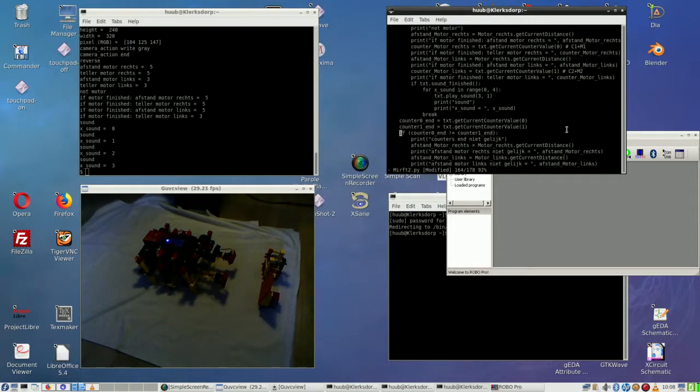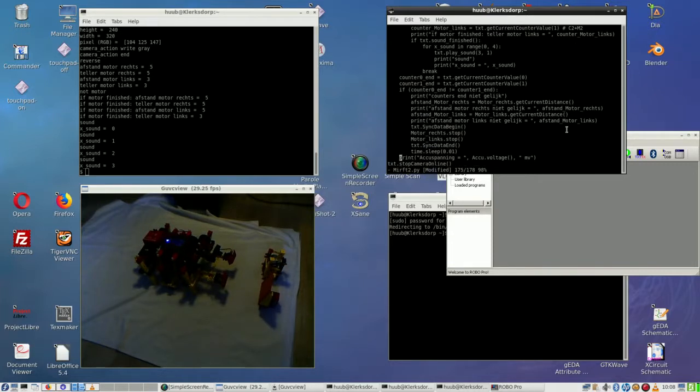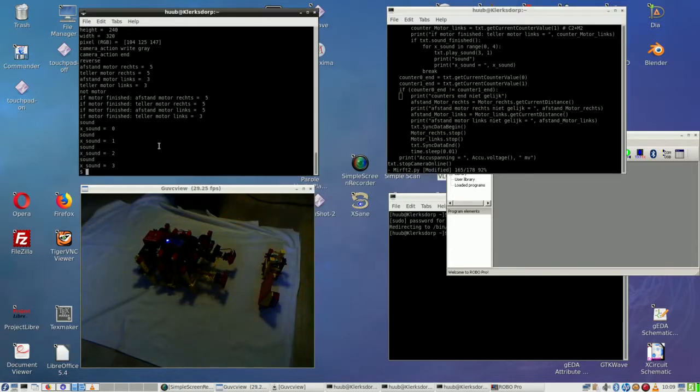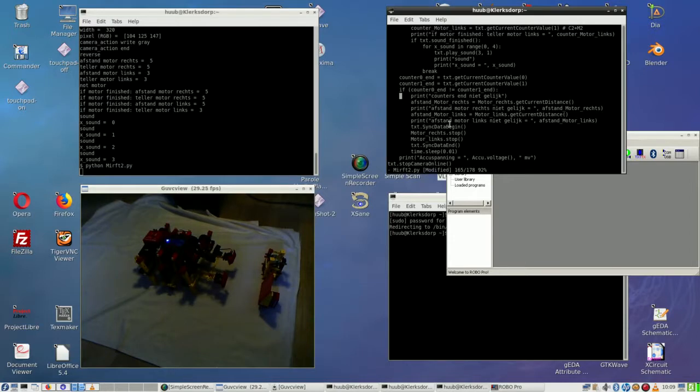And then only do this when the counter is otherwise. Okay. Testing again. Oh wait, I didn't save this one. Doesn't really matter.